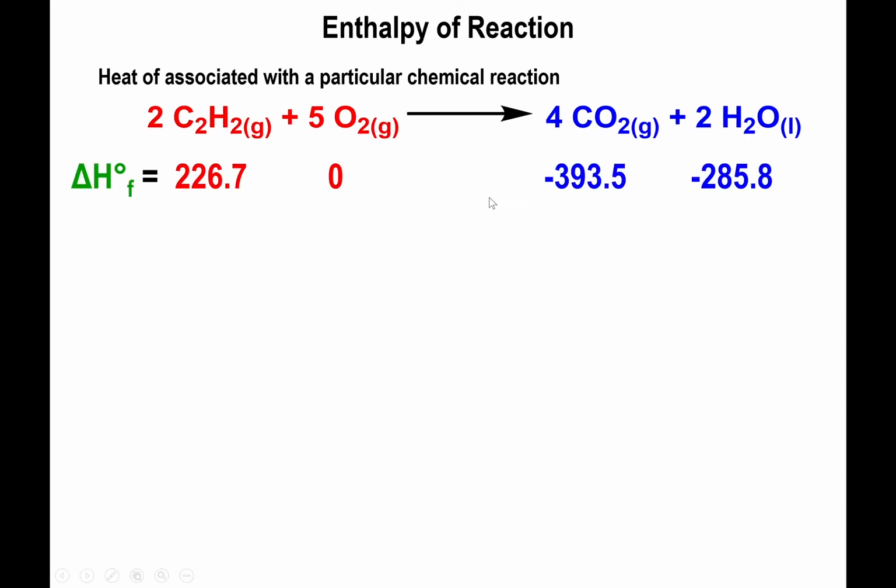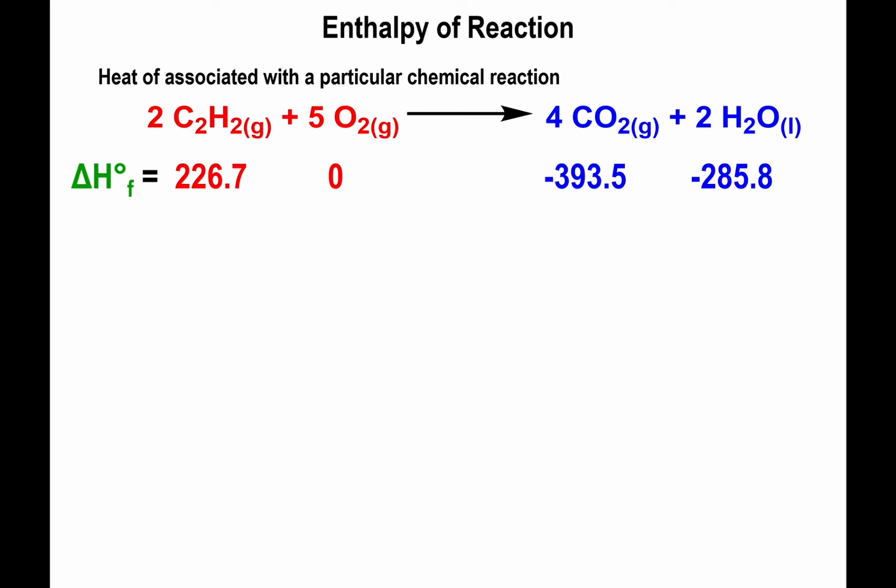And for this reaction, 2 C2H2 plus 5 O2 yielding 4 CO2 and 2 H2O, the heats of formation are 226.7 for C2H2, 0 for dioxygen, negative 393.5 for CO2, and negative 285.8 for liquid water. Those are the heats of formation of each individual reactant and each individual product.